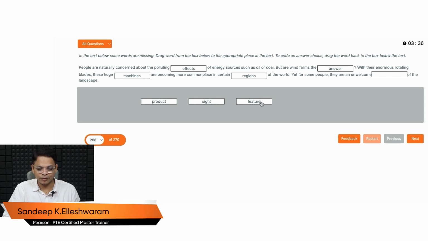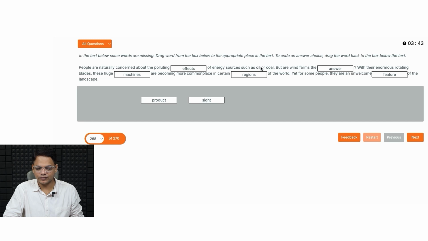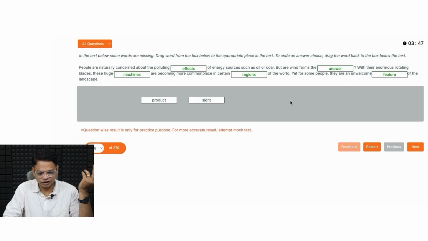Feature looks more correct because it goes well with what? Blades, huge machines, all that, right? So unwelcome feature of the landscape. So this is how we answer the question. So in our practice portal, when you submit, it tells you the correct answers in green color. So all are correct. So guys, this is how we answer reading fill in the blanks questions, right?